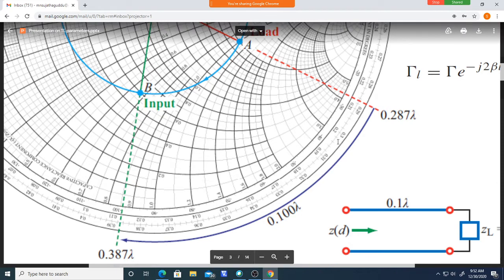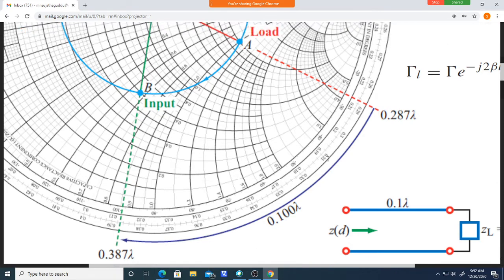0.1 means, see here, each division represents 0.01. If you move from any bigger division to the next bigger division, for example from 0.29 to 0.3, the distance is 0.01 lambda.